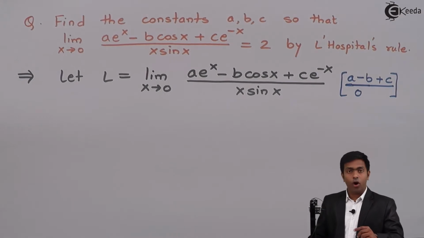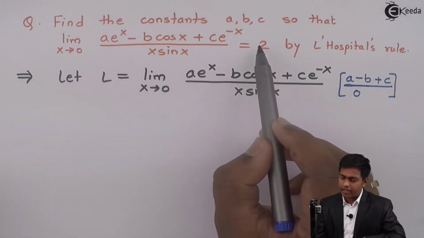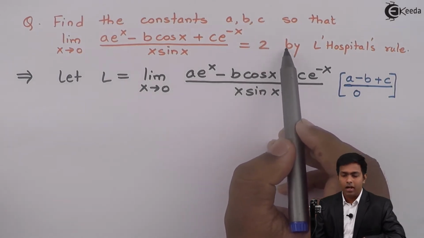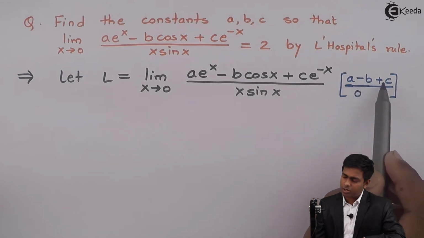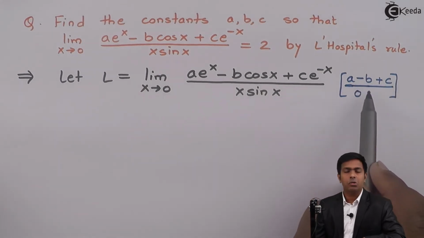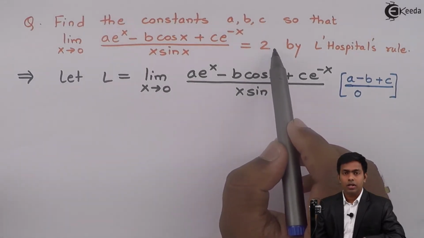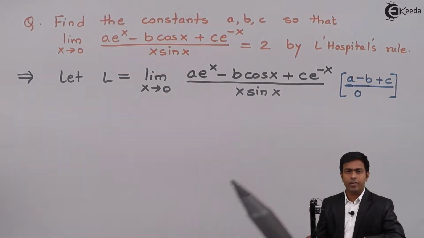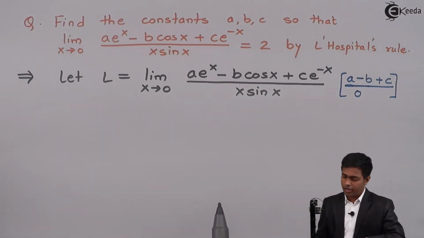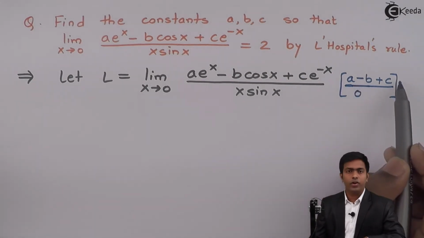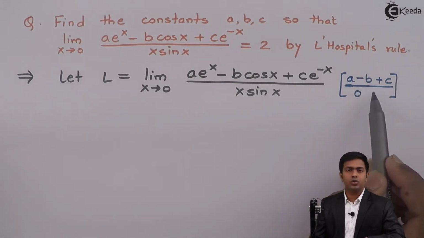Now, if you observe carefully, the value of our limit is finite, equal to 2, and here we are getting (a − b + c) upon 0. So, if we want the value of the limit as 2, then this limit should give us a finite value, and it is possible if the numerator also tends to 0, because the denominator tends to 0.